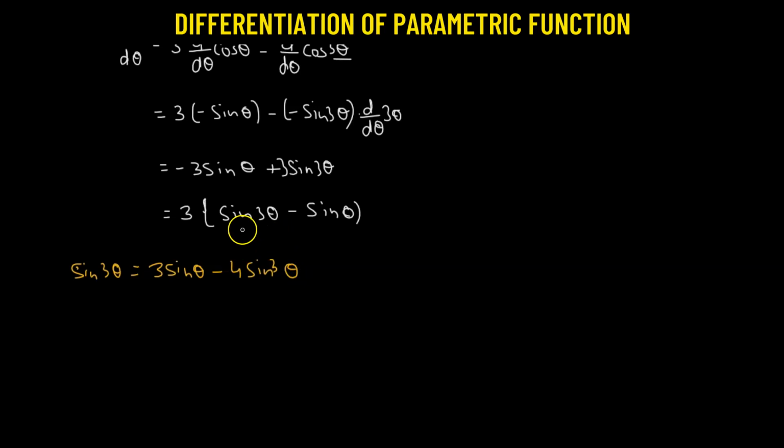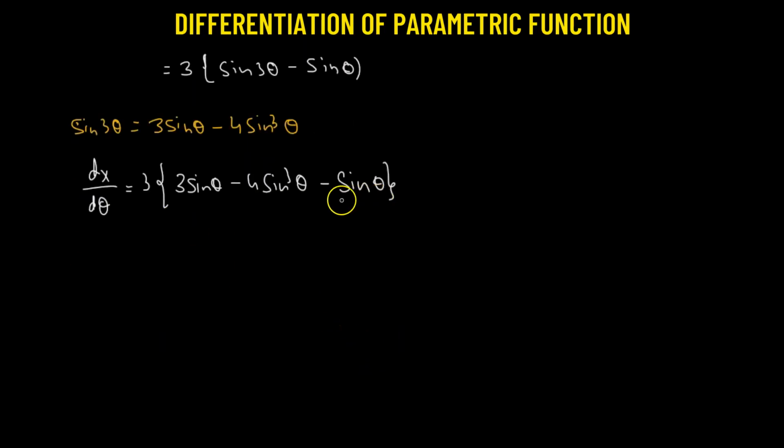So we'll replace sine 3 theta with 3 sine theta minus 4 sine cubed theta, and this is going to give us the derivative of x with respect to theta, which will be equal to 3 times, in place of sine 3 theta, 3 sine theta minus 4 sine cubed theta, minus sine theta. Now we have 3 sine theta minus sine theta, so that will be equal to 2 sine theta minus 4 sine cubed theta.